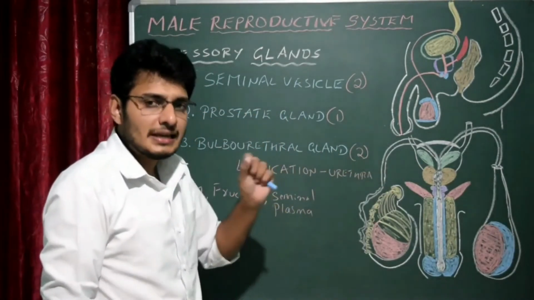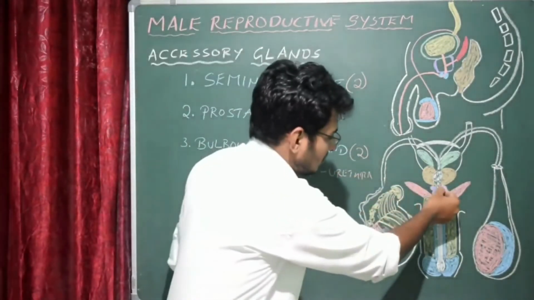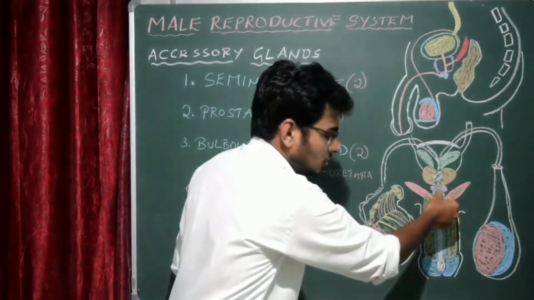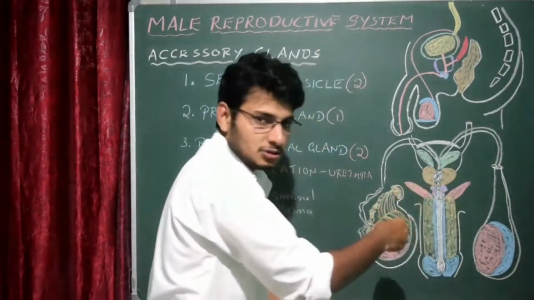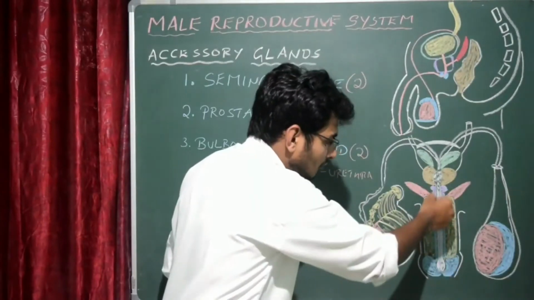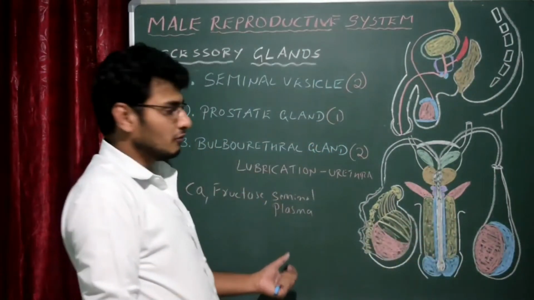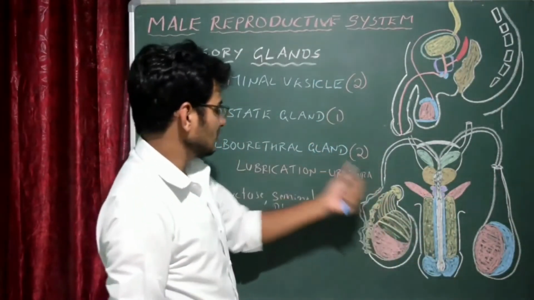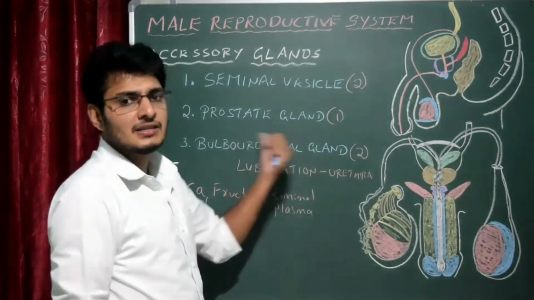It produces a liquid which will enter into the urethra through the duct, and then in the urethra the liquid will be there. That means the first liquid which is produced before the coitus is the bulbourethral gland secretion.